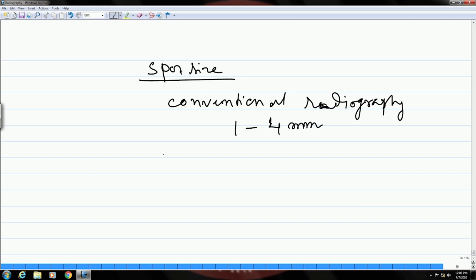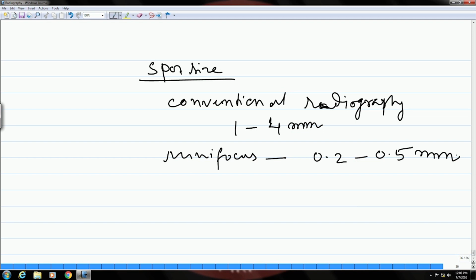And if you want to have a smaller spot size, then you have to go for these mini focus instruments, in which the spot size is in the range of sub millimeter from 0.2 to 0.5 millimeter.